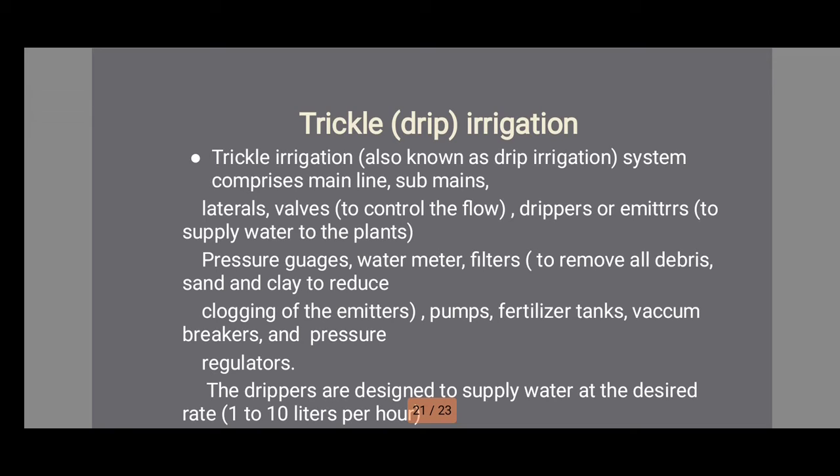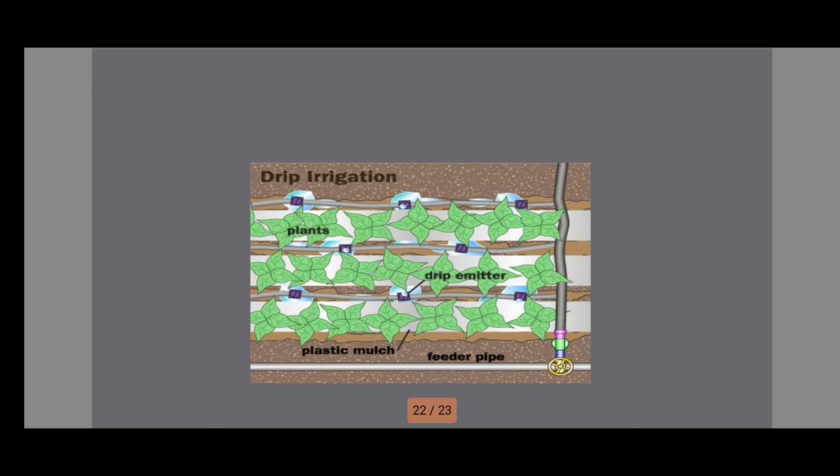These are included in the drip irrigation system. In drip irrigation system, water is applied through pumps in pipes into the root zone of the plants. Like we can see in this picture, the water is applied to these plants through the drip irrigation system.